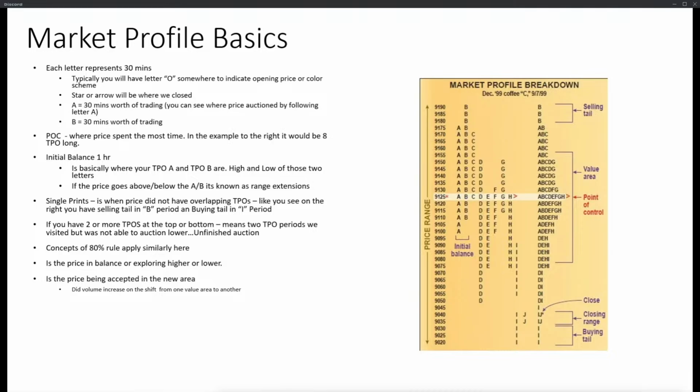Anything above A and B is called what? Outside of the initial balance, called range extensions in market profile. You're extending the range of the 1 hour.